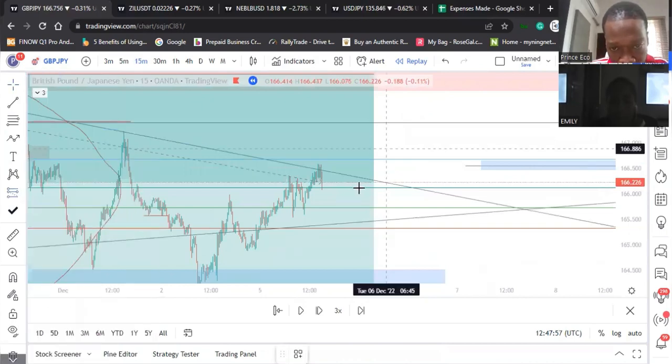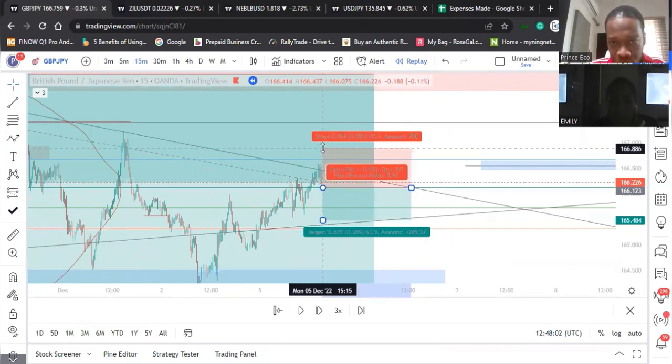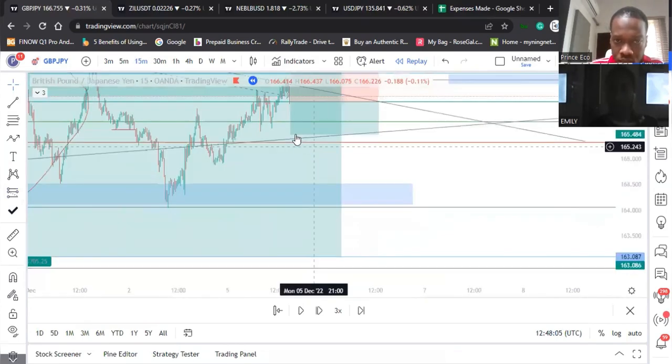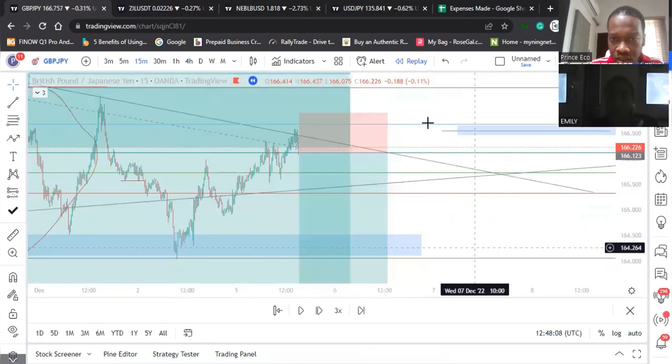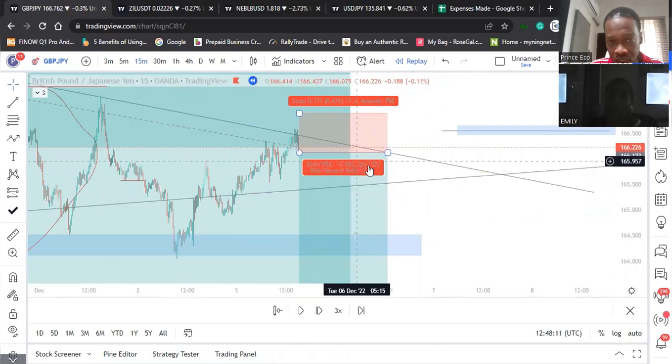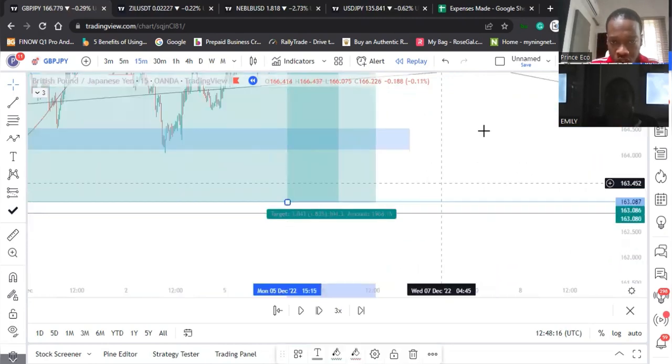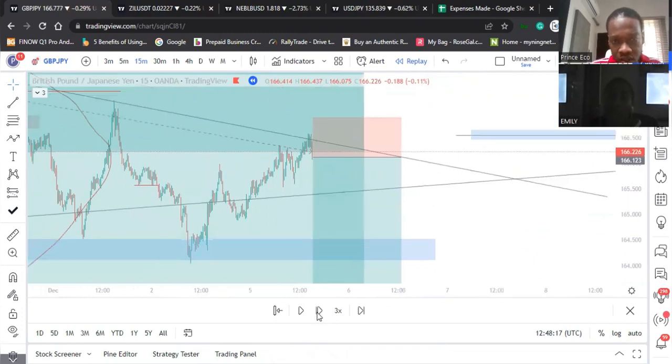So I'm going to take it from here. And my principal is always slightly above. And I still scale it down. Let's see. So this is how I want to take this trade like this. Let's see.